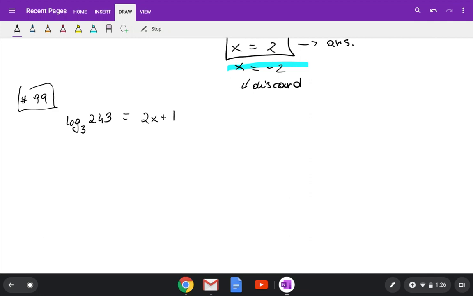So let's change to exponential. The base is 3. So our exponential function will be 3 to the power, and again, those expressions switch position. So 3 to the power of 2x plus 1 equals 243.